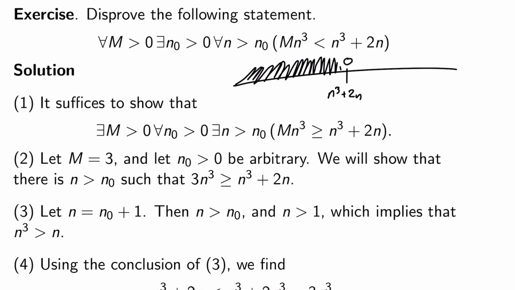What's the opposite of that? The opposite of mn cubed being strictly less than n cubed plus 2n is it being greater than or equal.